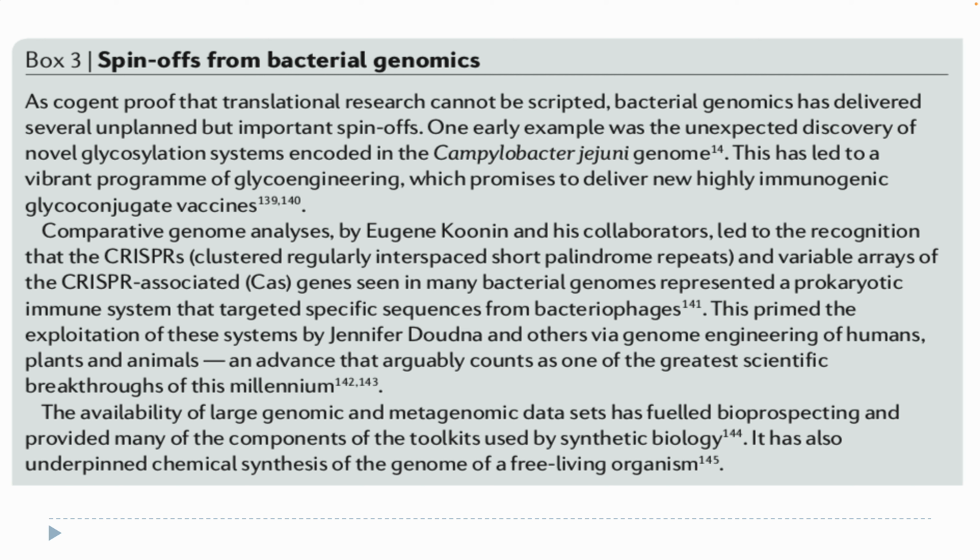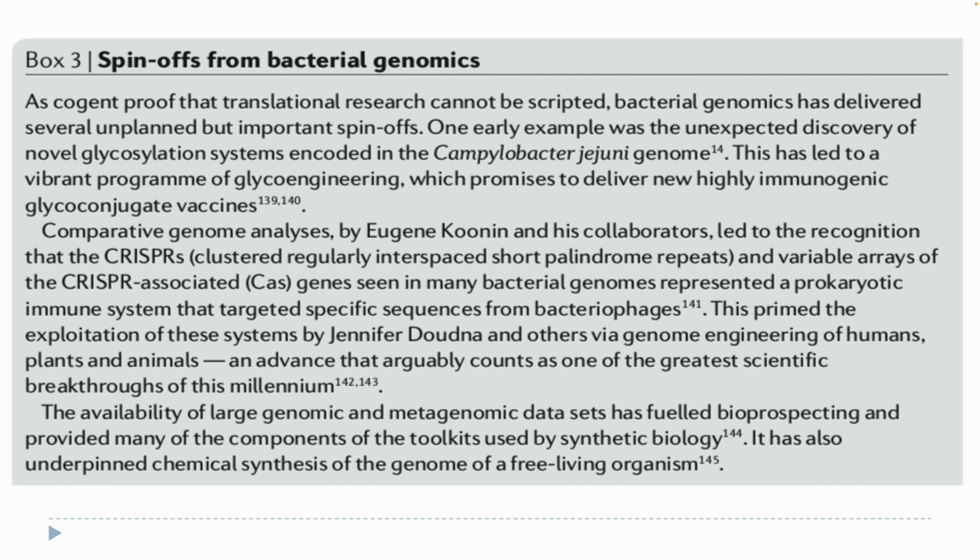And this led to a new vibrant programme of so-called glycoengineering, which allows you to stick glucose and other glycoconjugates onto vaccines. And it's a very vibrant area of research even to this day.